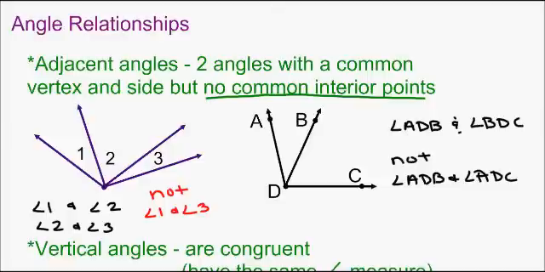So it is not adjacent to this larger angle because it is inside of it. So you don't want one inside of the other. If you have that situation, then they are not adjacent. They're overlapping.